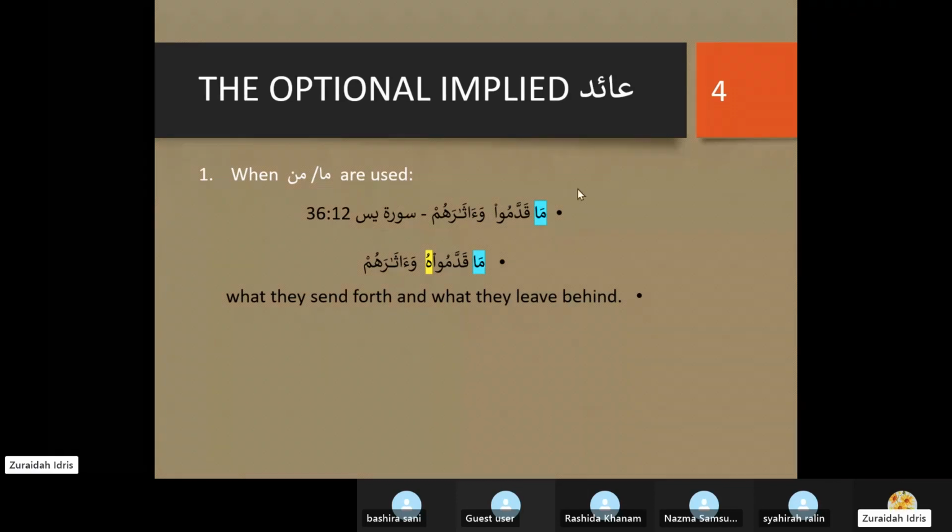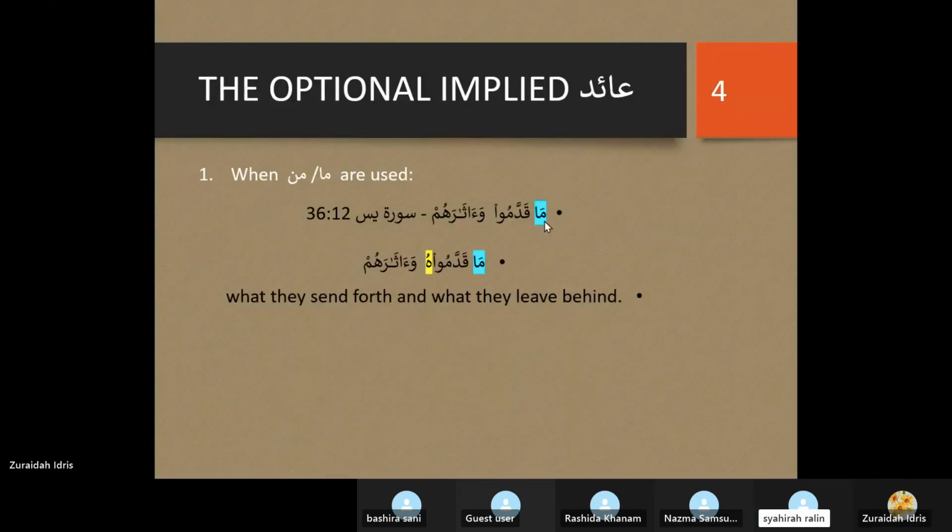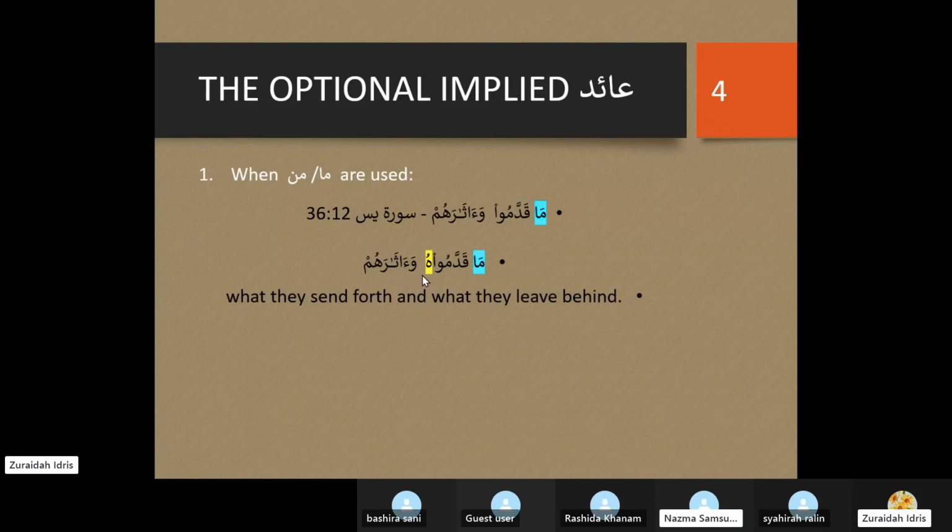So when we talk about a'id, Brother Hazim, we're talking about what this ma stands for. What is this ma? What they are sending forward. We dropped it, you see. It is ma, and they are sending what? They're sending this it forward. And what is it? All their deeds, whatever it is that they did.